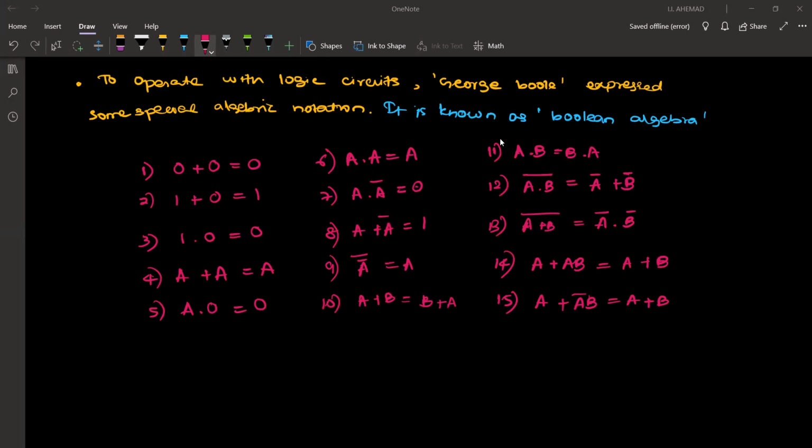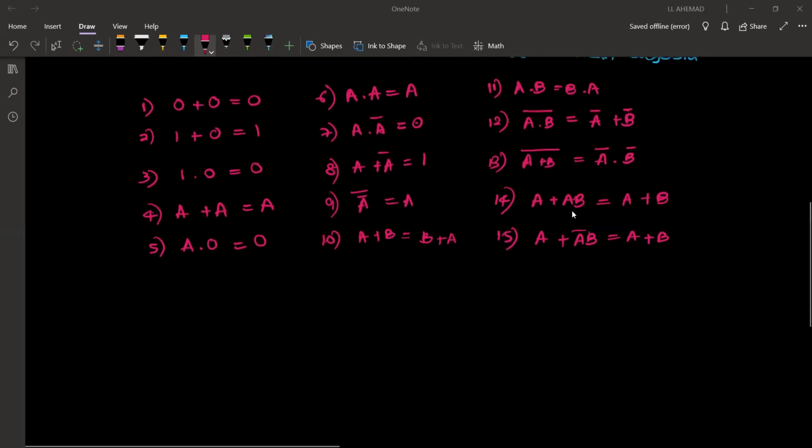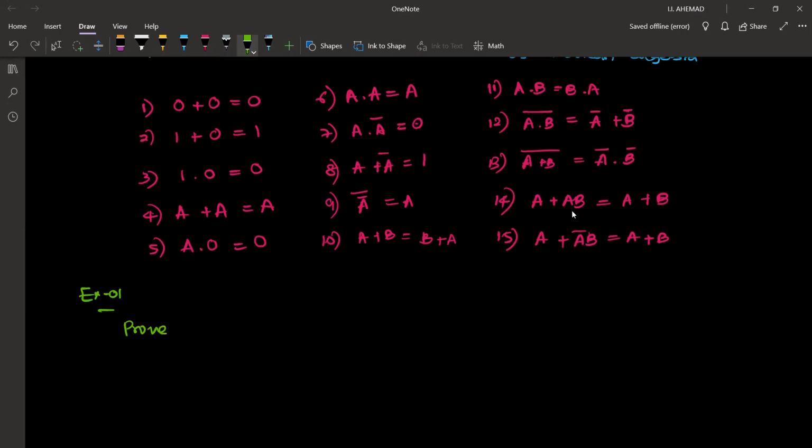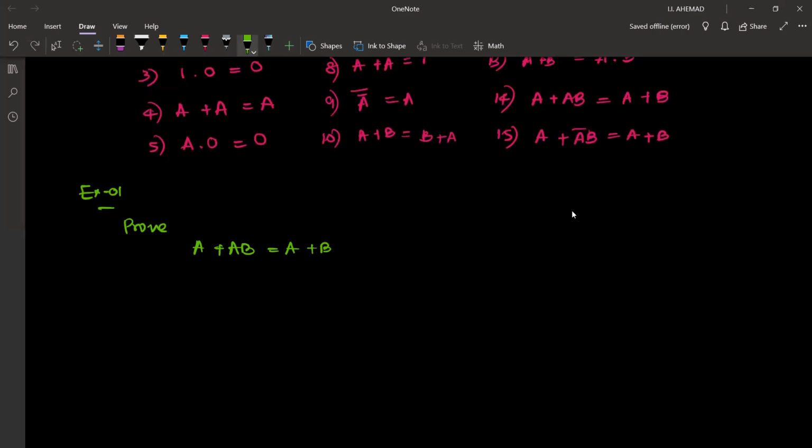Now let's look at the 14th and the 15th. Let's prove it. Example 1. Prove A plus AB is equal to A. So let's consider the left hand side.